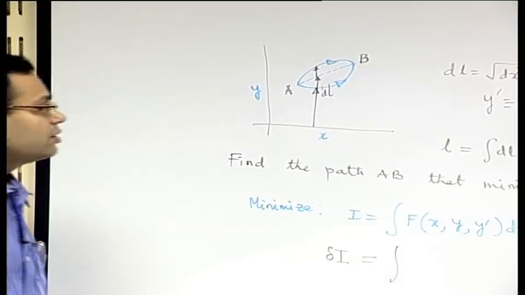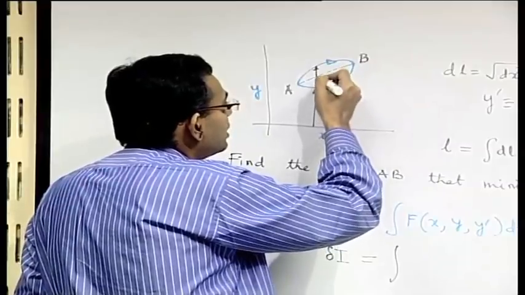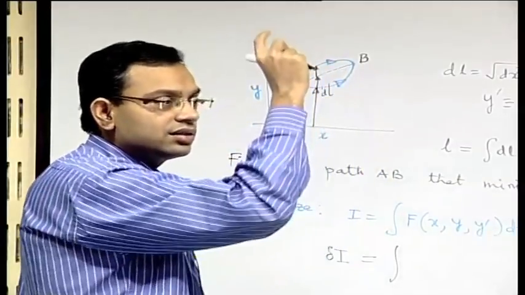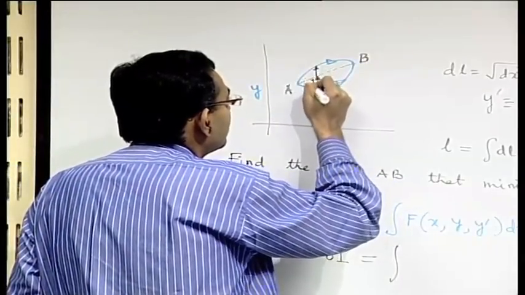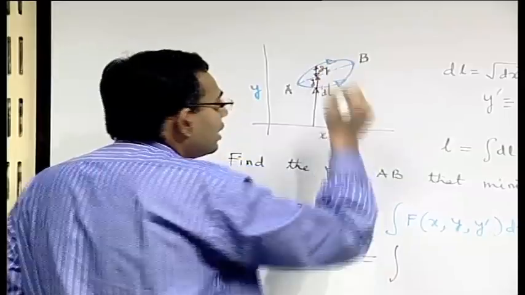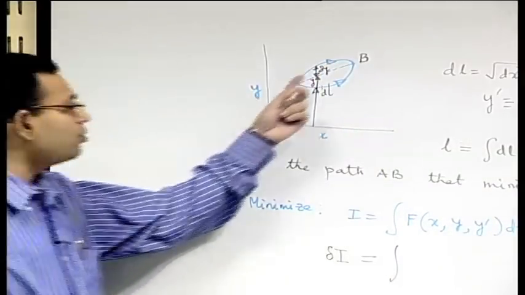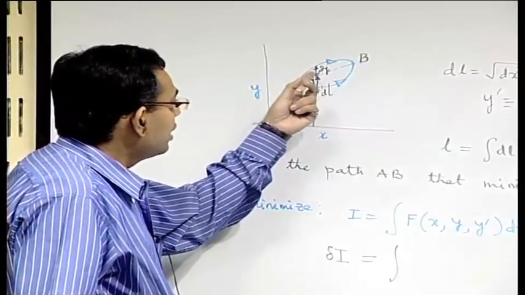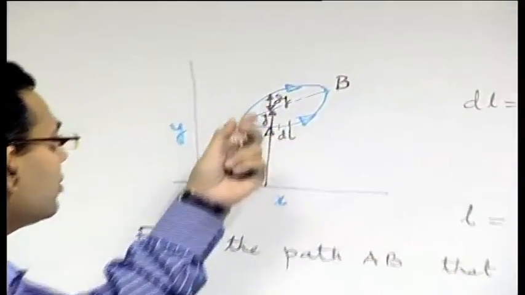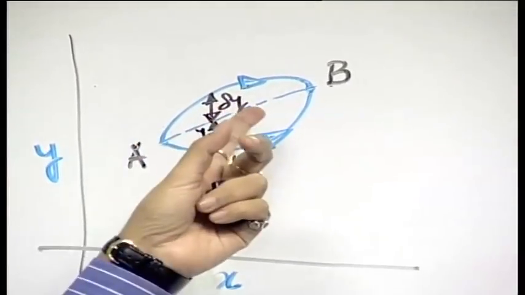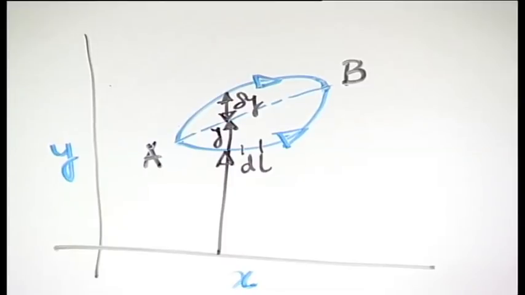So, if your actual path is the straight line, any other path is the actual path plus a variation in the actual path. If this is your correct y, then you can call this an equivalent delta y if this is small. So, you are having a small delta y possible, and if you now account for the fact that this is a variation over the actual solution, you can minimize this one and come to the actual solution, which is the straight line path.